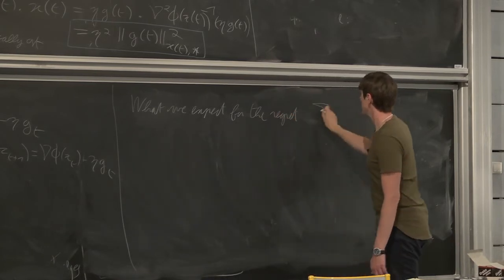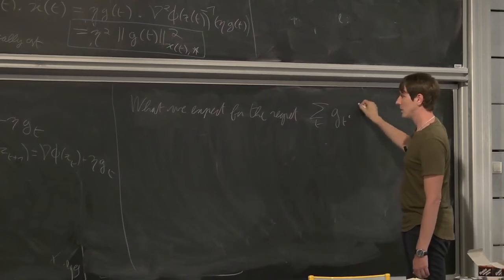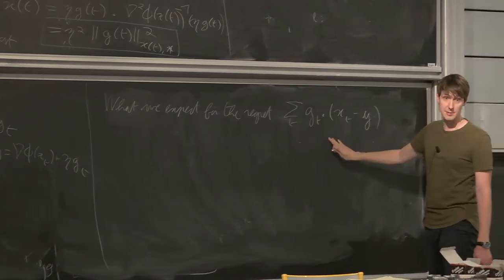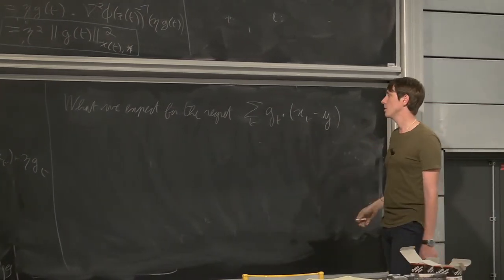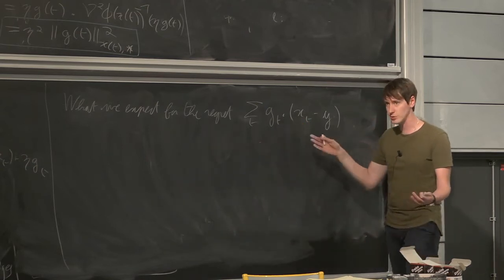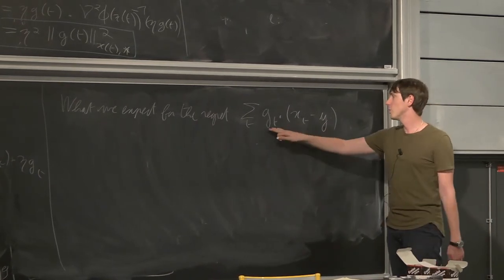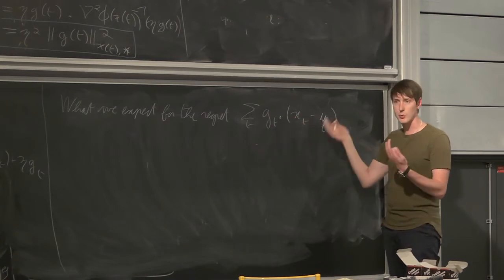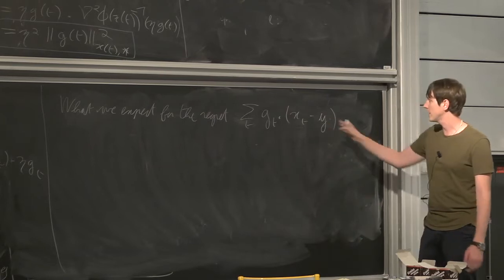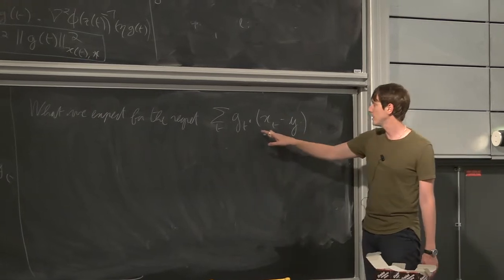The regret is the sum over t of the inner product gt dot xt minus y. That's how much I paid when I take the inner product of xt with gt. If gt was a certain loss function and xt was a probability distribution, this is exactly my expected loss. But more generally, if gt was the gradient of a convex function, then this is an upper bound on the gap between the value of the function at xt and y. Anyway, this is what we care about, and we will see it again in concrete examples.